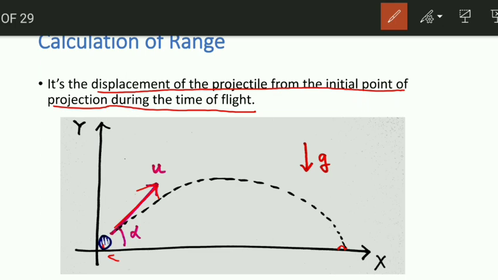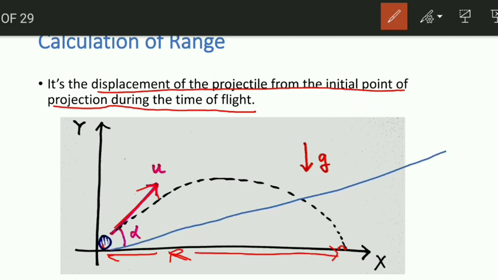So the displacement is the range R. This is the range. Now let's take another case. Let's put an inclined plane here. So the flight will stop exactly at this point. So how will the range be? Range will be like this.